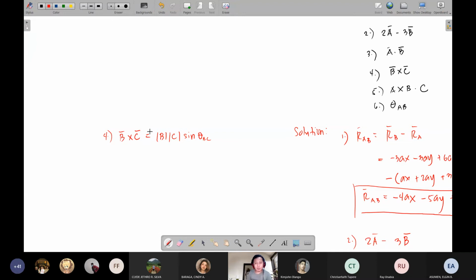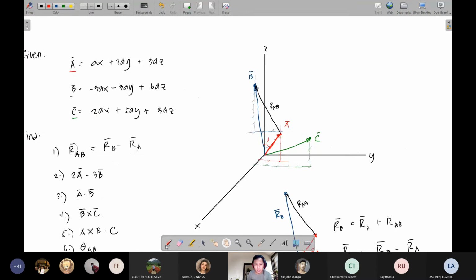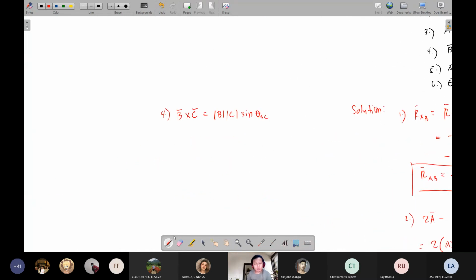Instead of solving for the angle, how about we use the matrix form?